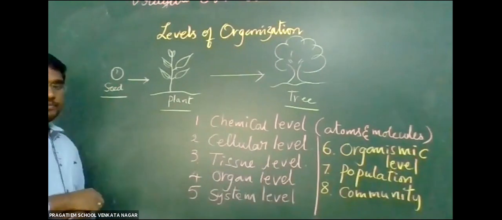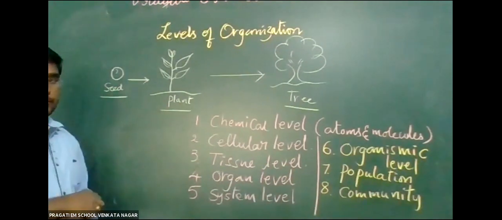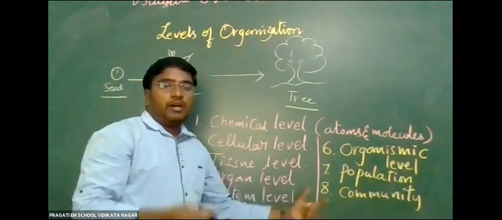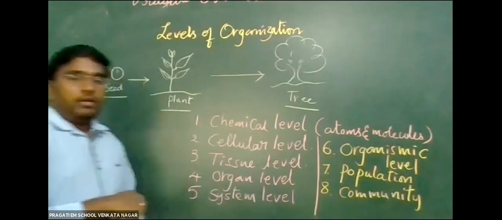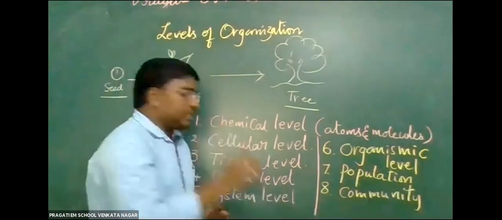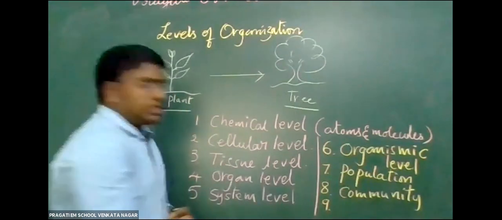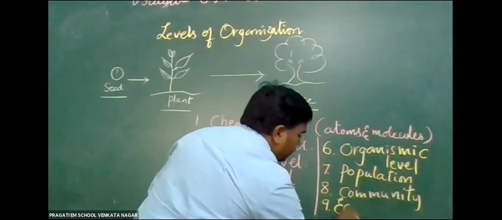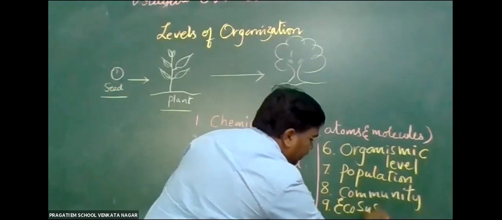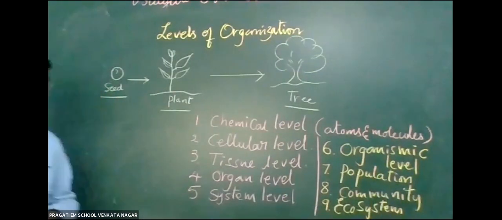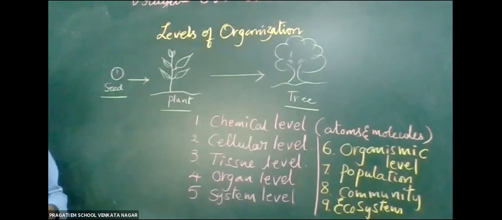After this, communities are grouped into one ecosystem, the ninth level. These are higher levels of organization.